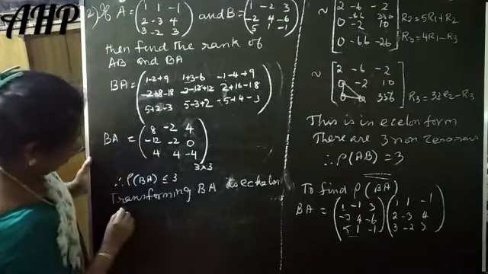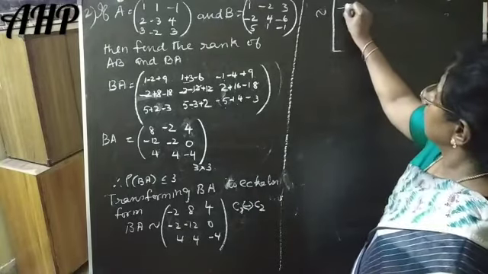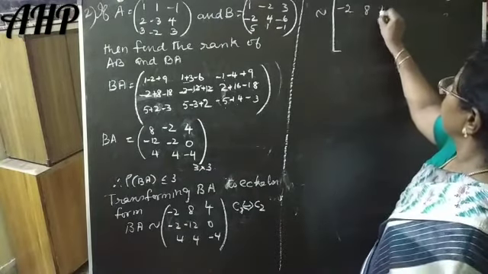You have made C1 to C2 and C2 to C1. This is equivalent to minus 2, 8, 4.